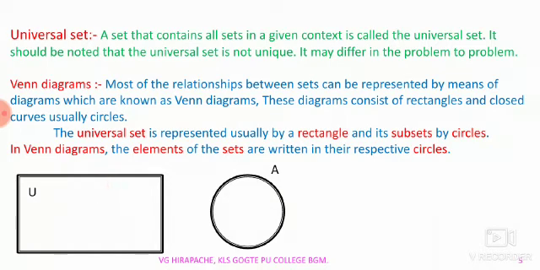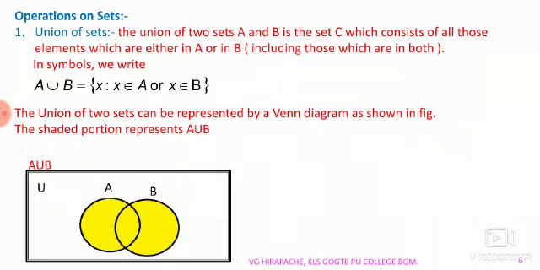With the help of these definitions, we are going to study two different types of operations on sets. The first operation is the union of two sets. The union of two sets A and B is another set, C, which consists of all those elements which are either in A or in B, including those which are in both.